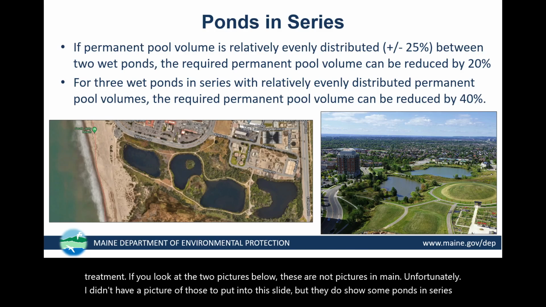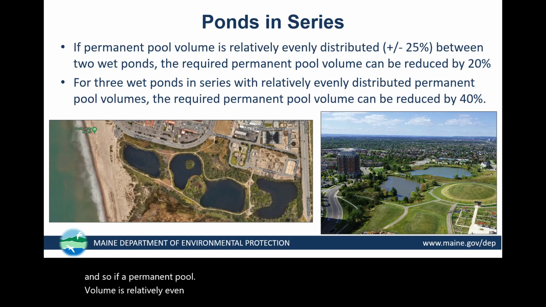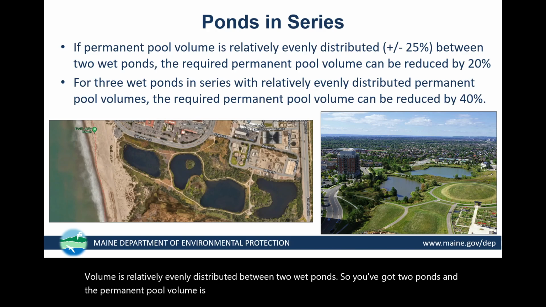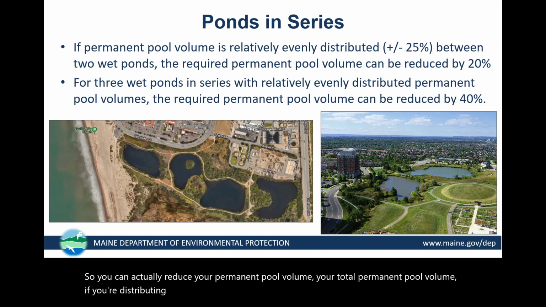And so if a permanent pool volume is relatively evenly distributed between 2 wet ponds, so you've got 2 ponds and the permanent pool volume is distributed pretty evenly, plus or minus 25%, the required permanent pool volume can be reduced by 20%. So you can actually reduce your total permanent pool volume if you're distributing it between 2 ponds.